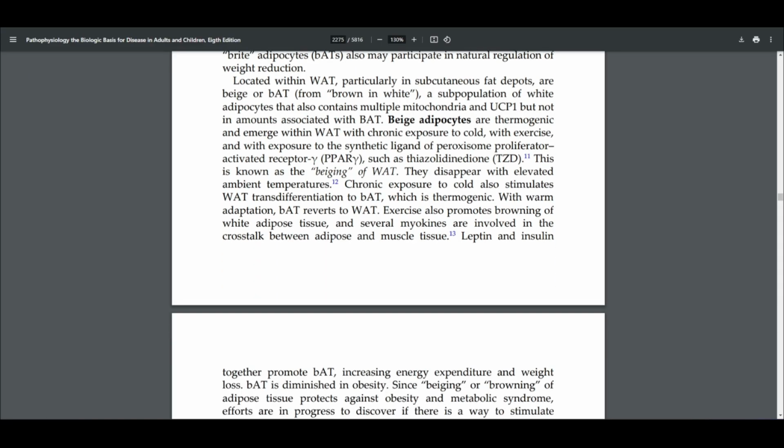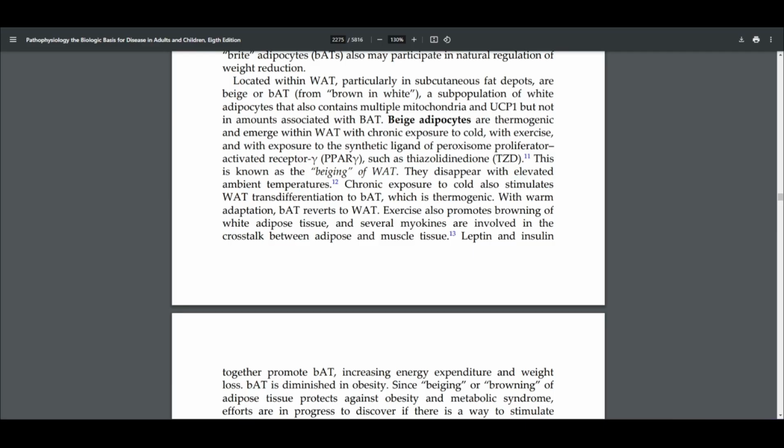Located within the VAT, particularly in subcutaneous fat depots, are beige or brite adipocytes, from brown and white, a subpopulation of white adipocytes that also contain multiple mitochondria and UCP1, but not in amounts associated with BAT.